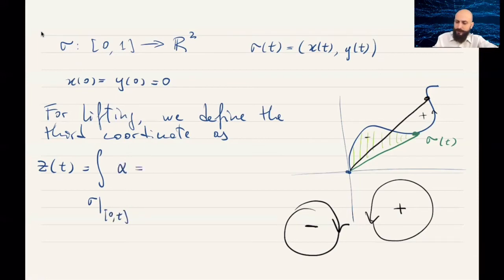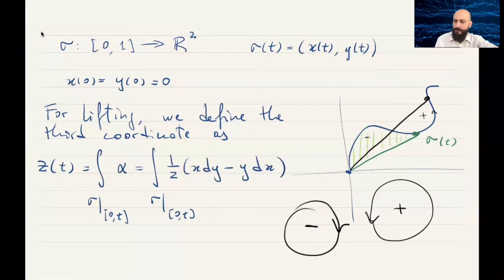This was the definition of alpha, 1/2 of x dy minus y dx. Now, what does it mean to integrate a one form along a curve? It means you have to plug in the coordinates of the curve and their derivatives.